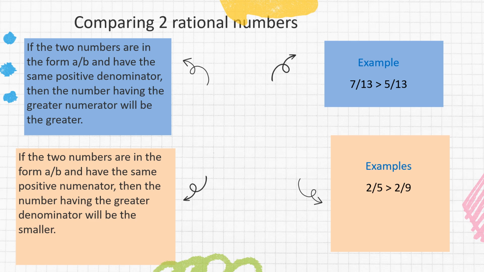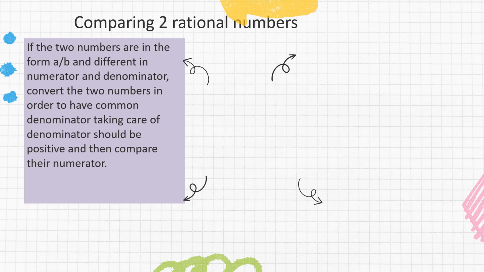And if the two numbers are in the form of A over B with different numerators and denominators, the first thing to do is to convert. Convert the two numbers in order to have a common denominator, taking care that the denominator should be positive, and then compare their numerators.